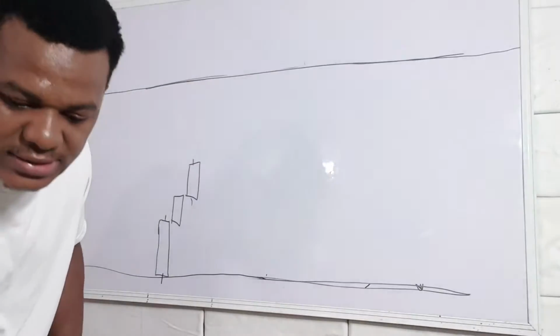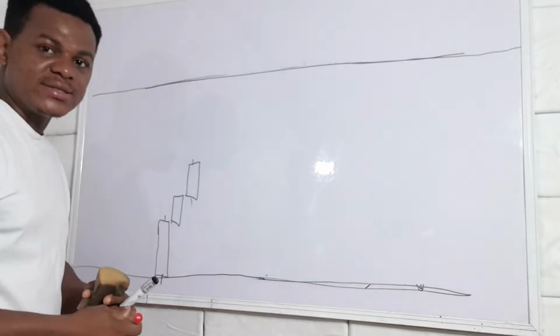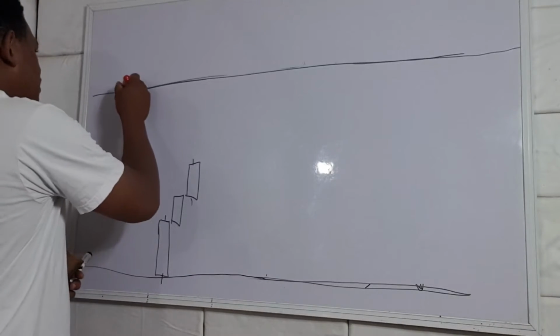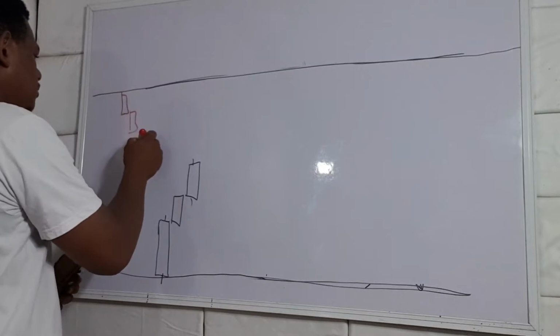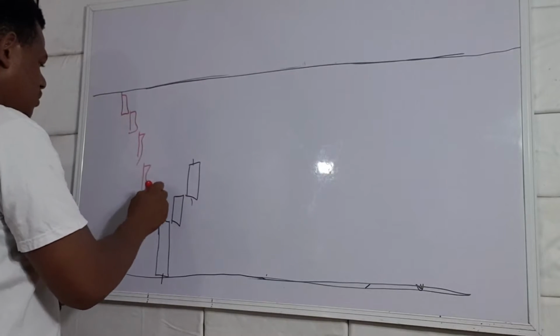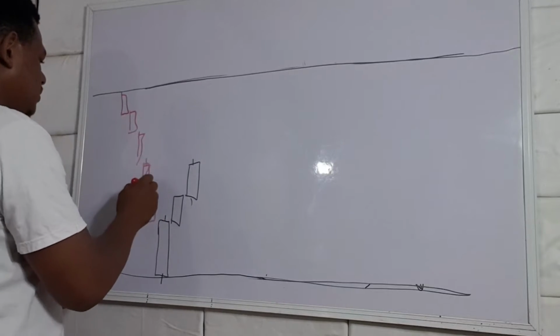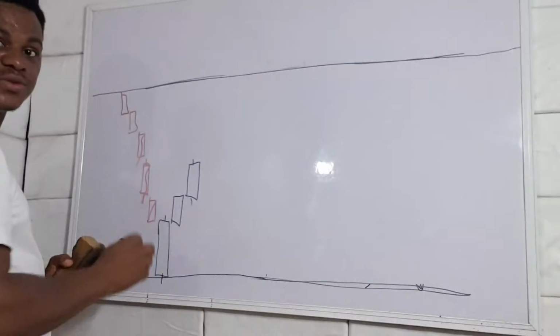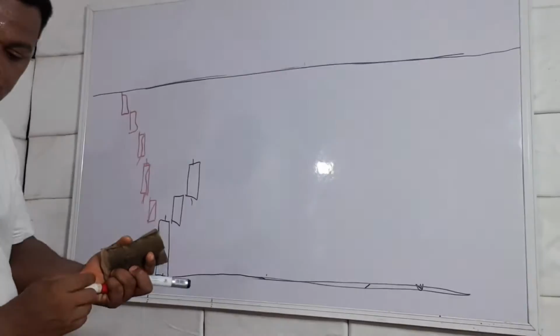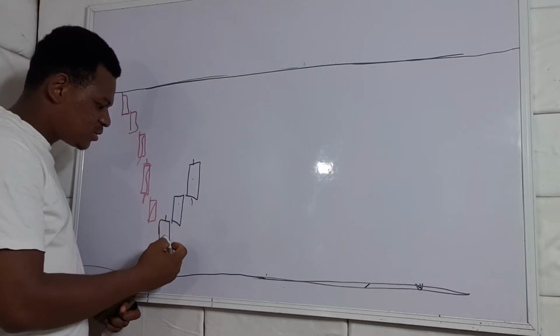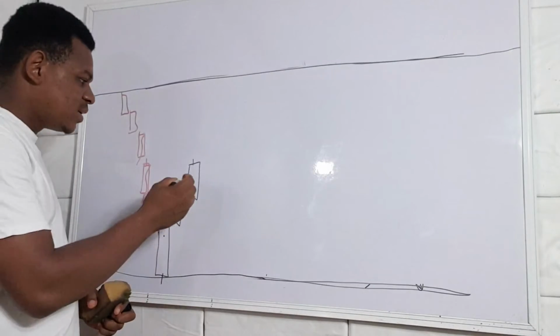Remember that the bears brought this market from the top to the down. From this top, they pushed it to the downside. Don't mind my drawing. So, 1, 2, 3 candles.